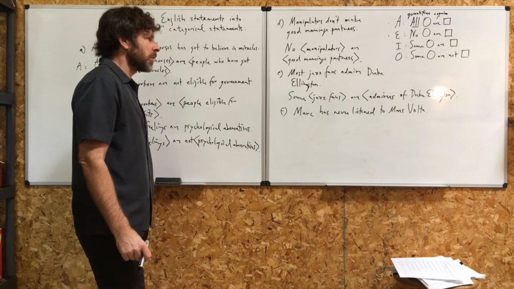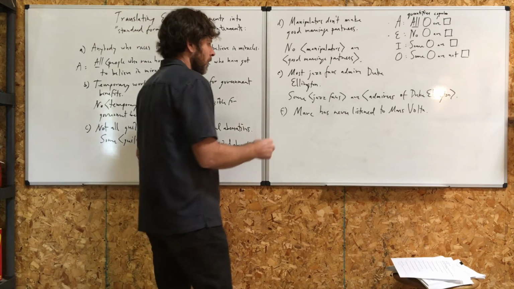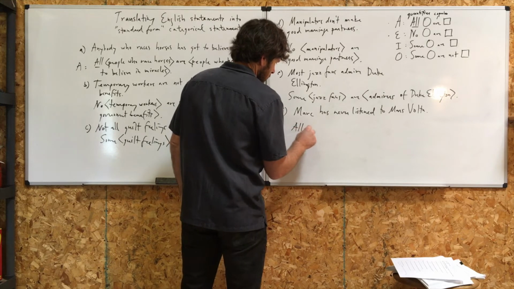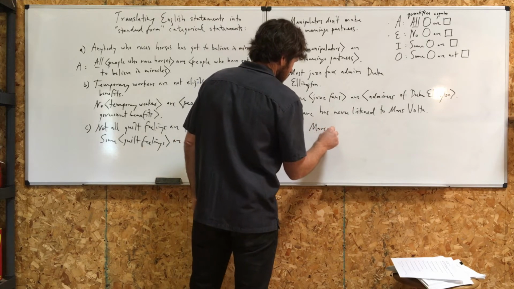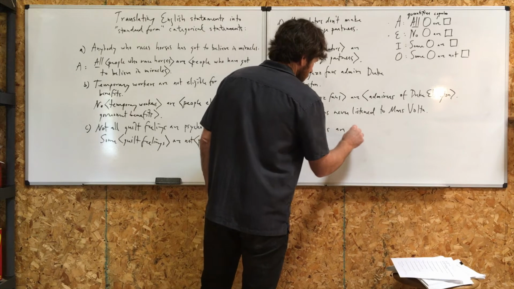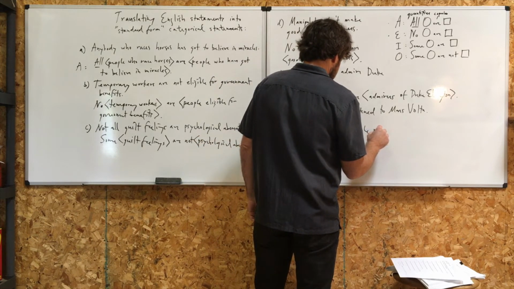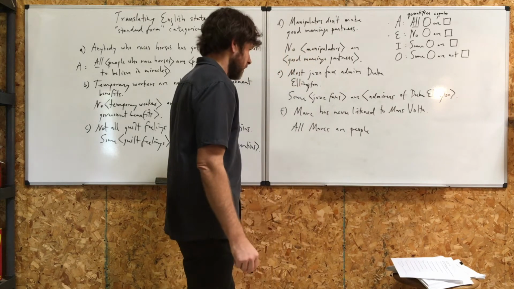Now, how to do this one? This one's a little bit trickier. You might be tempted to do something like this: all Marks are people who have never listened?